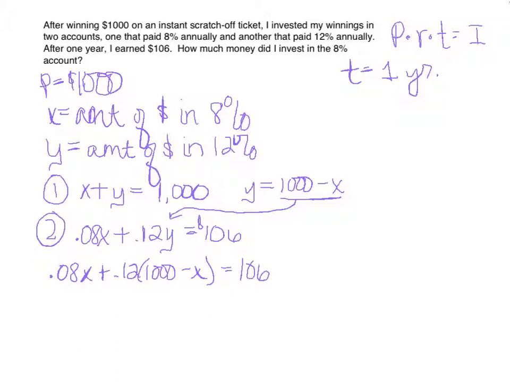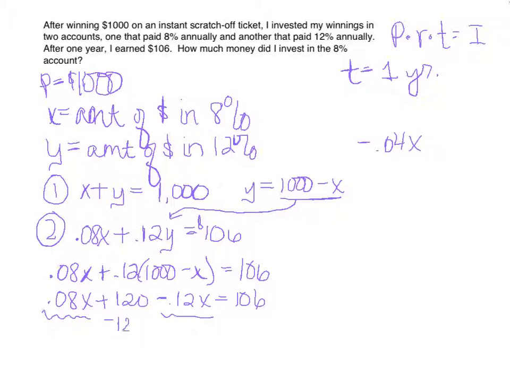Distributing 12%, I have 8% X plus 120 minus 12% X equals 106. I will combine my like terms of 8% X and a negative 12% X to equal a negative 4% X. And by subtracting 120 from both sides, I have a negative 14.